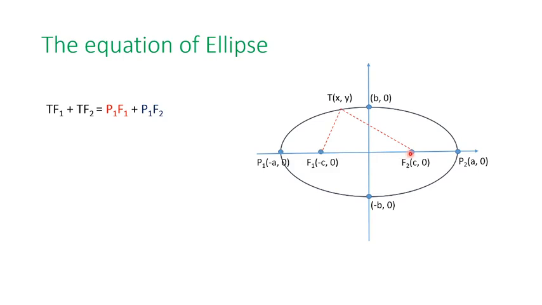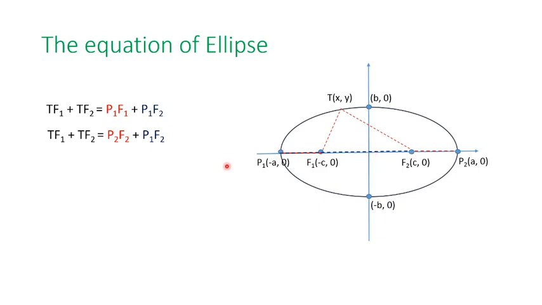So if I move P1 here, this is P1F1 and this is P1F2. If I move P1F1 to P2F2, their distance will be the same since the ellipse is symmetrical. So P1F1 is equal to P2F2.